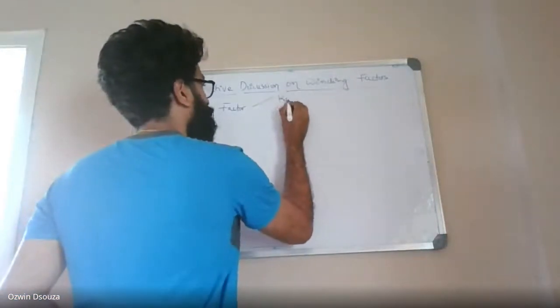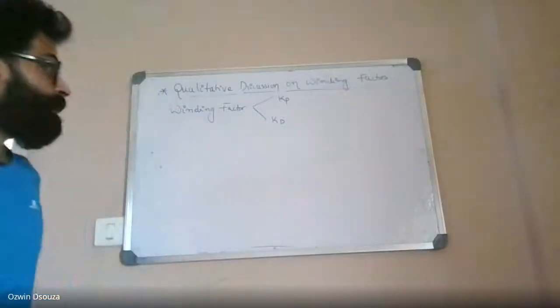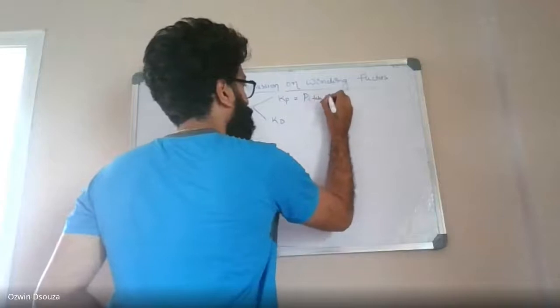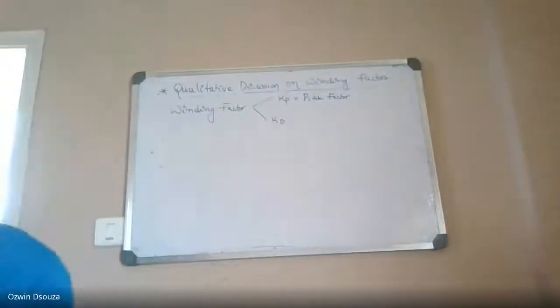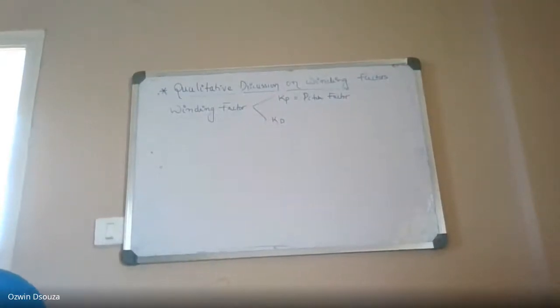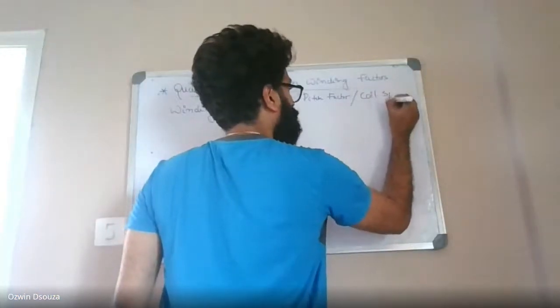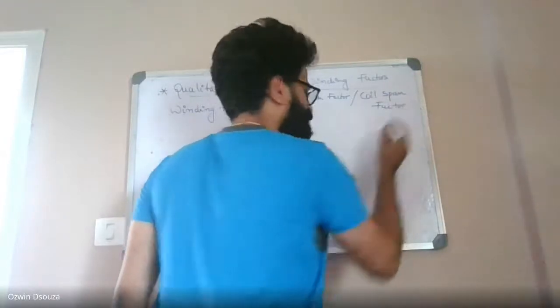One is Kp and the second one is Kd. This Kp is called the pitch factor. Sometimes this Kp is also called the coil span factor. They are different names.